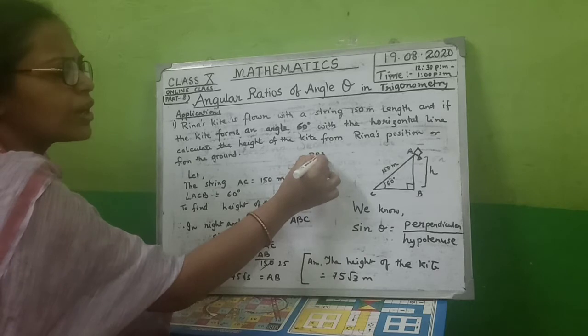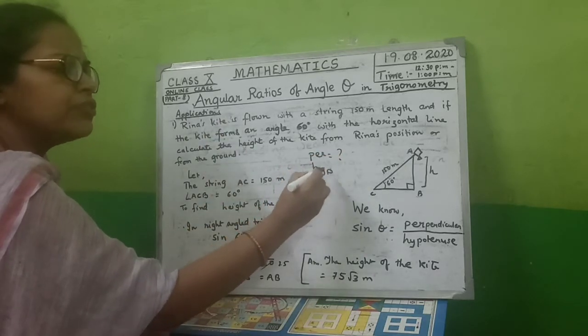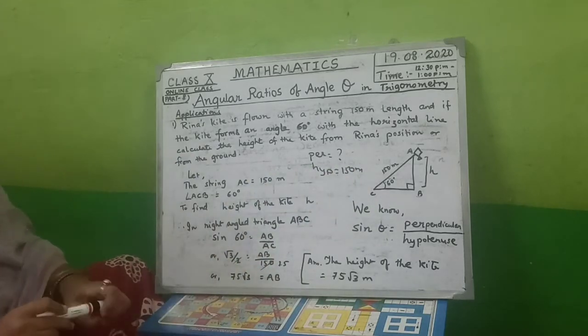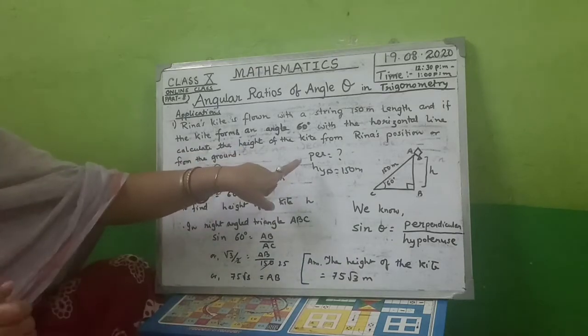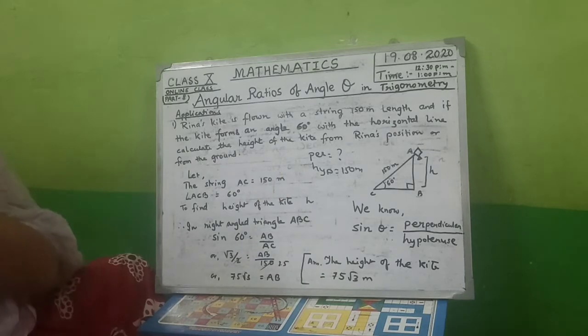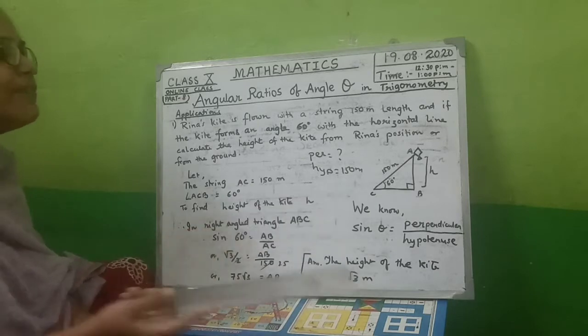We don't know the perpendicular, but we know the hypotenuse. Hypotenuse is how much? 150 meter. So, which ratio will I apply? Perpendicular and hypotenuse come in which ratios? In sine and in cosec. So first we'll apply sine theta and we will get the answer.